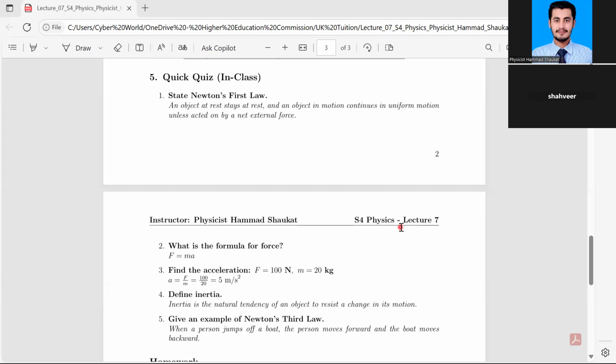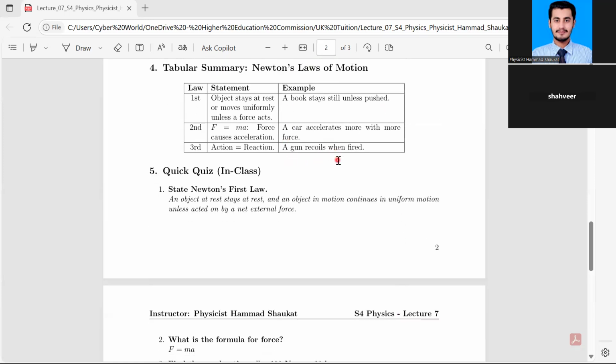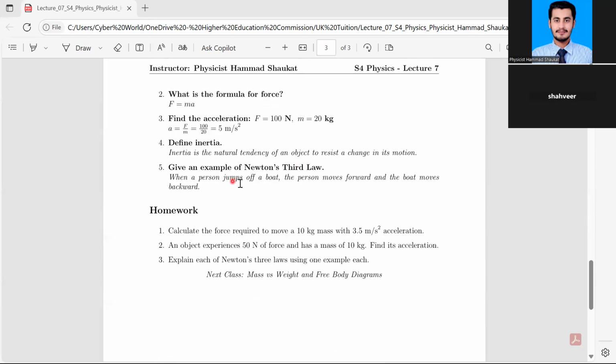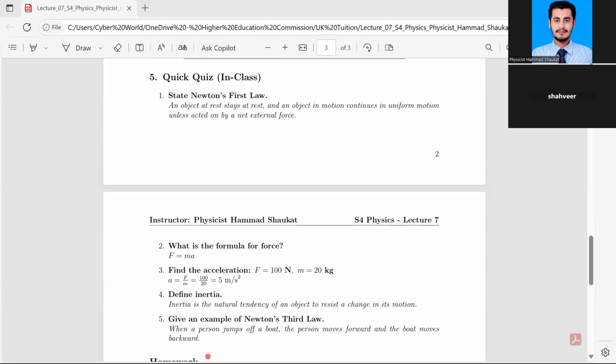Yes. All right. And one important example which I mentioned before, a gun recoil when fired. This is also one of the examples of Newton's third law of motion. Another example is that when a person jumps off a boat, the person moves forward and the boat will move backwards.